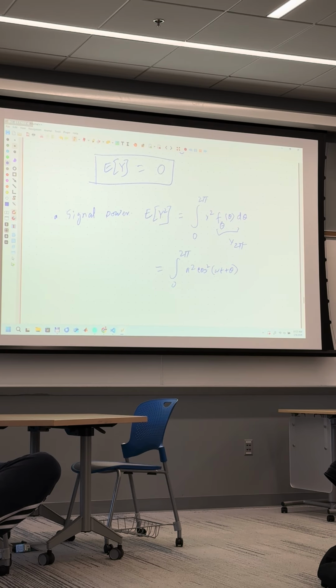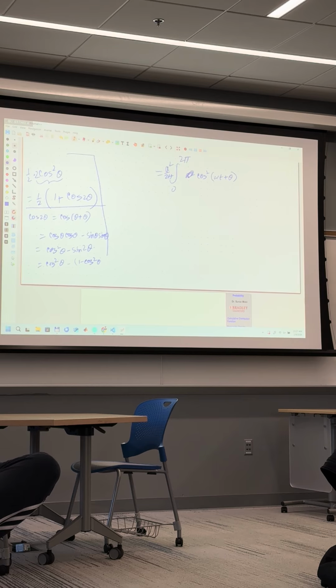I'm writing this result directly, but just to show you that cosine 2 theta equals cosine of theta plus theta, equals cosine theta cosine theta minus sine theta sine theta, which is cosine squared theta minus sine squared theta, and that is cosine squared theta minus 1 minus cosine squared theta, which is basically two cosine squared theta minus 1.